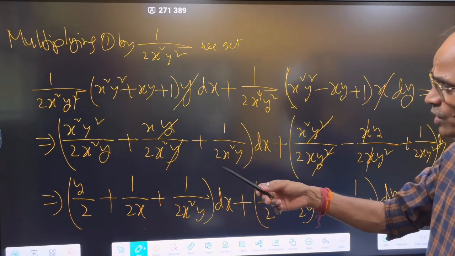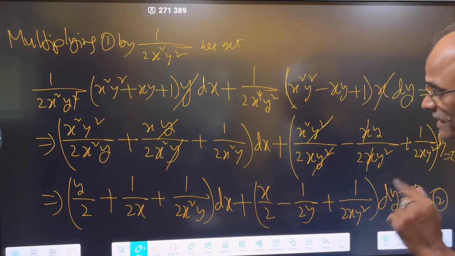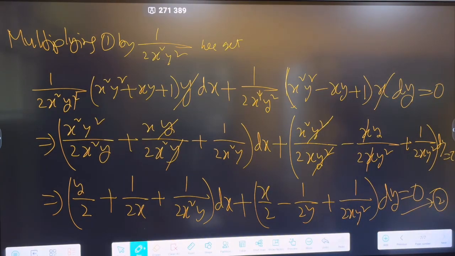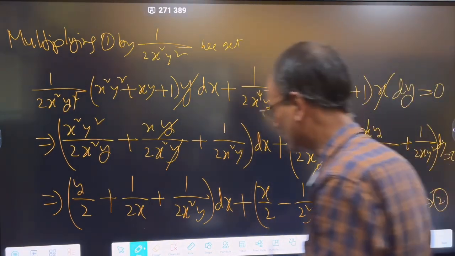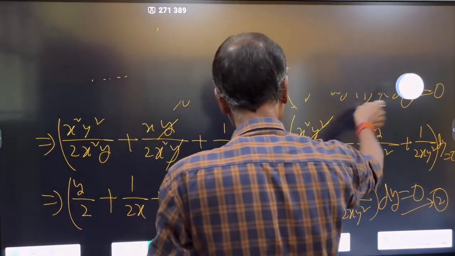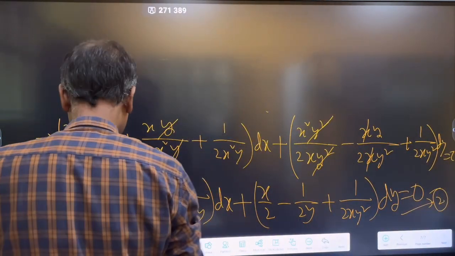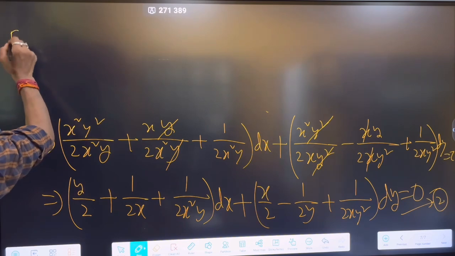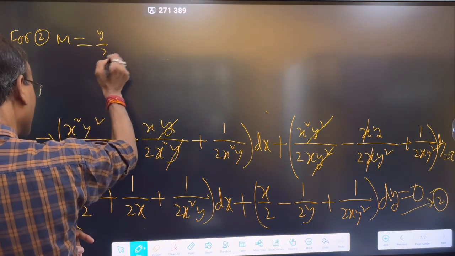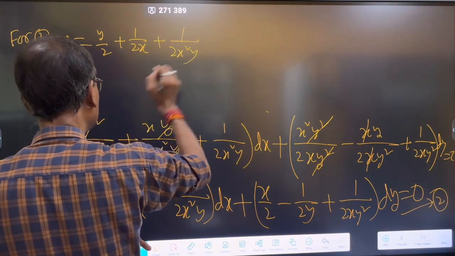Now check whether the differential equation is exact or not. For 2, M equals y by 2 plus 1 by twice x plus 1 by twice x square y.